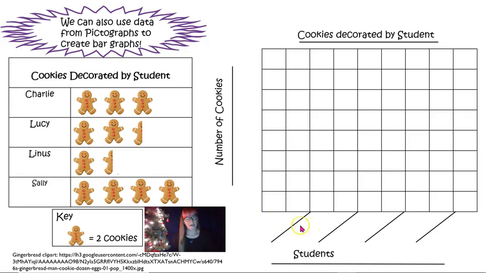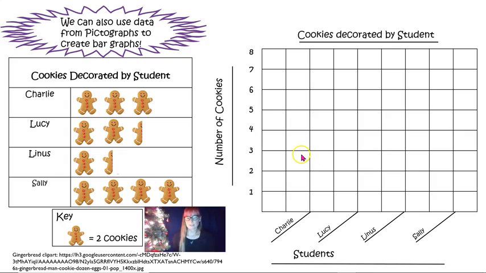Now, I'm going to go ahead and write the names of my categories on these lines down here: Charlie, Lucy, Linus, and Sally. And then I need to come up with my interval. As I look here, I can see that I have 2, 4, 6, 8 as the highest number. So again, I think that using intervals of 1 will work for this graph.